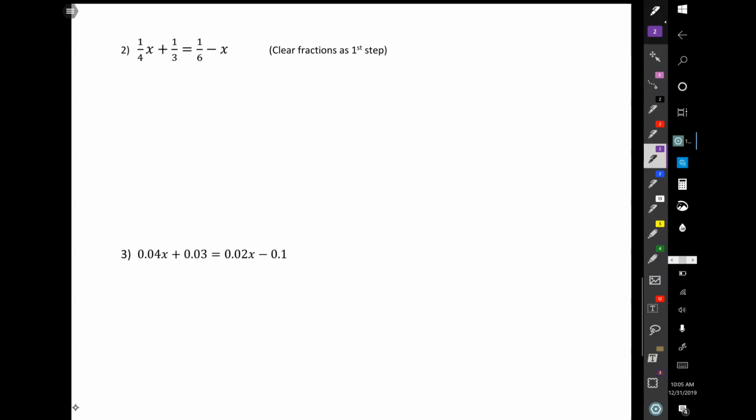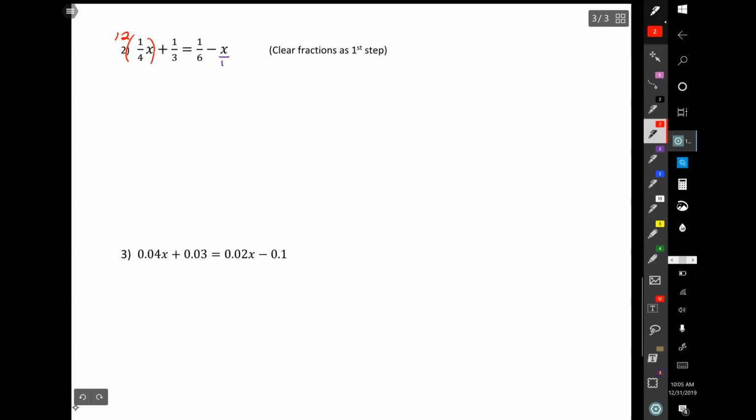Now if I look at all these denominators, I have a 4, a 3, and a 6. And don't forget about the 1 in the denominator. So this x is just like x over 1. So then I figure out what number all of those denominators divide into without a remainder. And that would be 12.